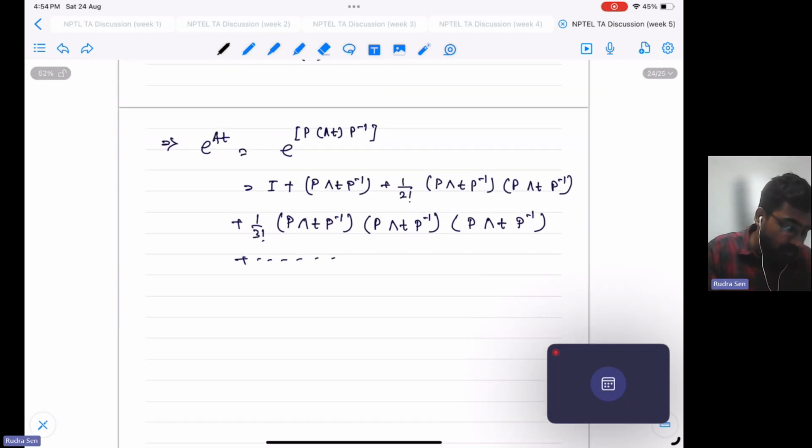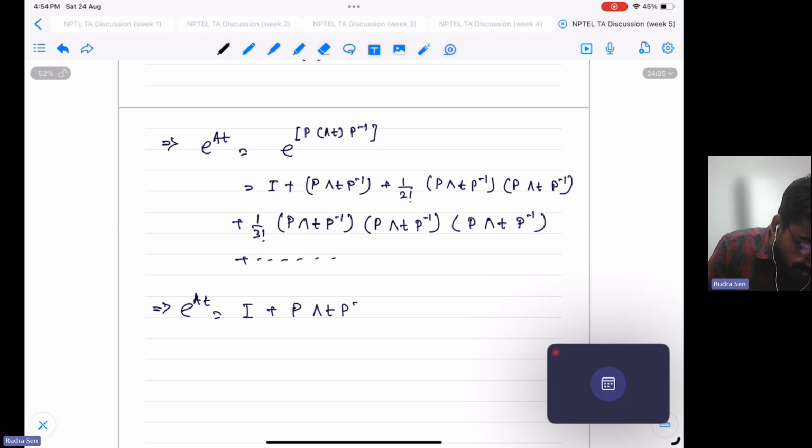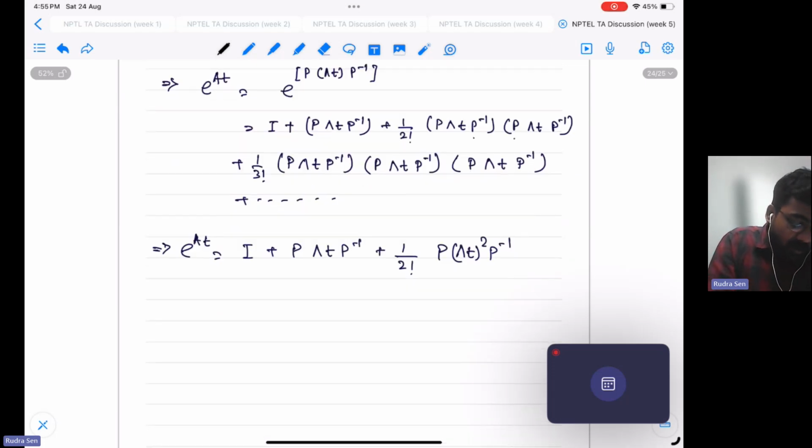So what you will get is e to the power At equals I plus P lambda t P inverse as the first term. For the second term, this P inverse and P create an I, so it is P lambda t square P inverse. And then again P inverse P creates an I, so we get 1 by factorial 3 P lambda t whole cube P inverse, and continue this way.